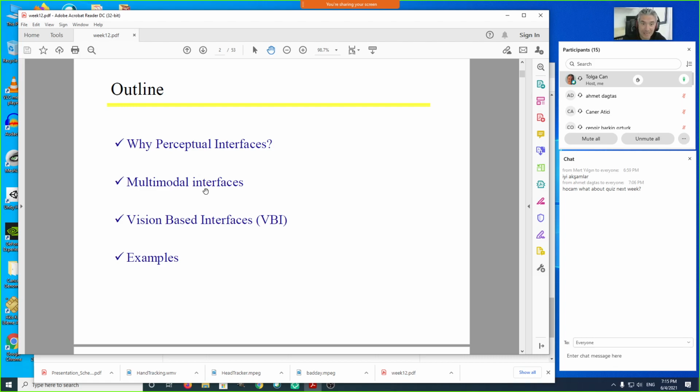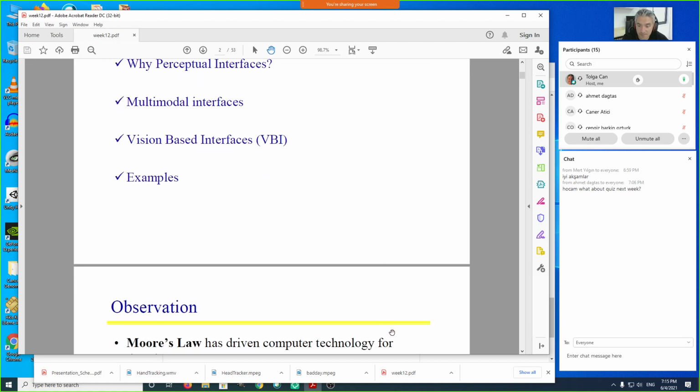In the last slides in our speech-based interfaces, we talked about how we can combine speech with vision, the put-that-there application. We don't have such smart interfaces yet, but the technology is there, and I think it's mature these days. Just like speech recognition and speech interfaces became part of our everyday lives, I think vision-based interfaces can also be part of everyday lives.